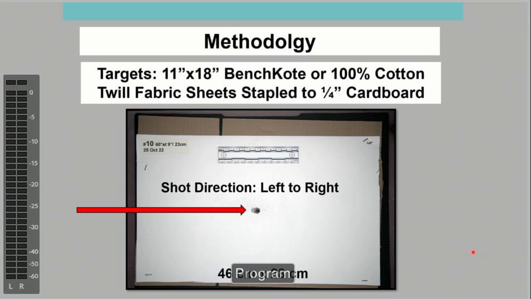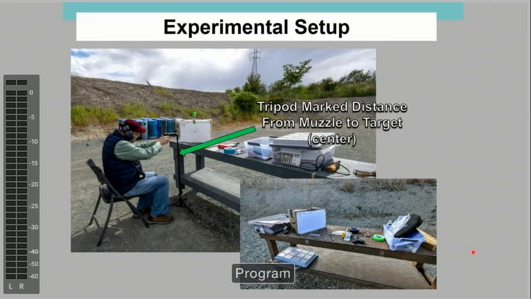All my shots were either orthogonal, that is 0 degrees, or from left to right as you're looking at the target. My experimental setup was a tripod at a particular mark, so the distance is the same for every shot, and then I carefully measured the angle that this presents relative to the gun muzzle for each shot.